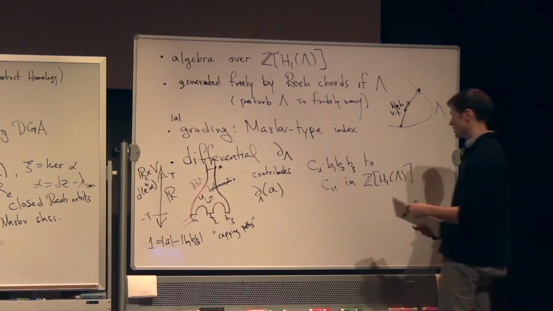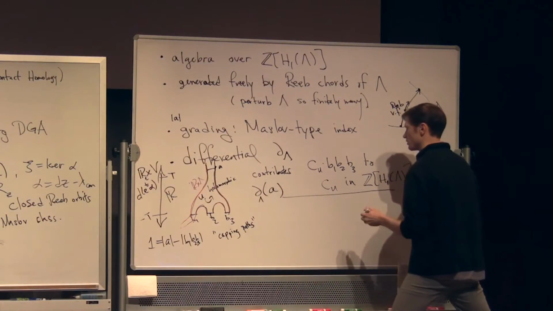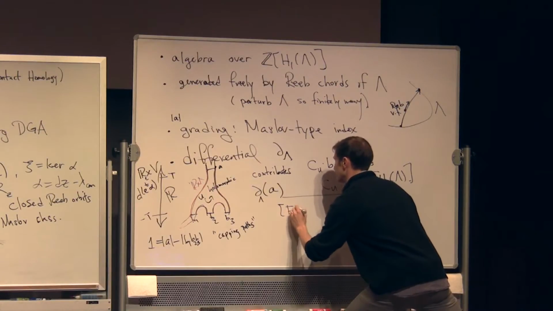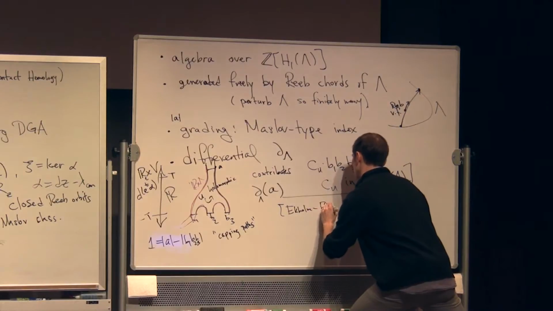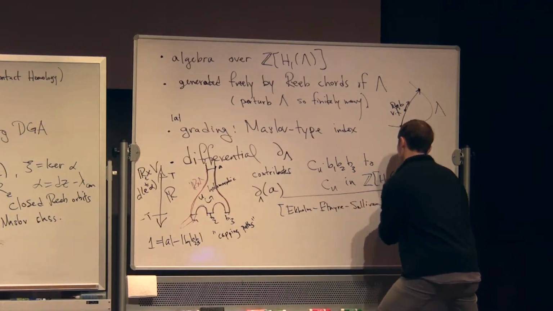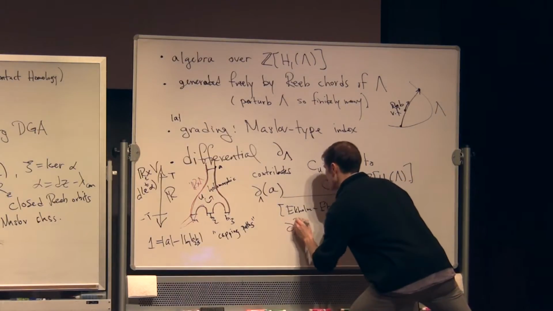Okay, and then this ends up giving you a well-defined differential. So it's a consequence of Ekholm, Etnyre, and Sullivan that this differential squares to 0.